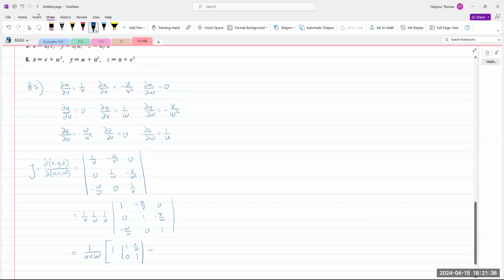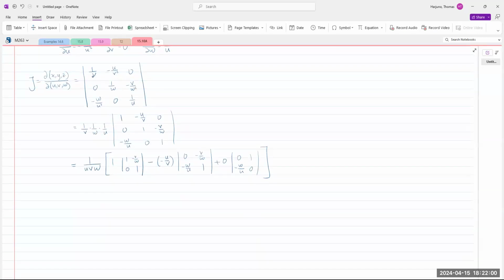And then minus negative u over phi times the determinant of 0, negative phi over w; negative w over u, 1. And then plus 0 times the determinant of 0, 1; negative w over u, 0.